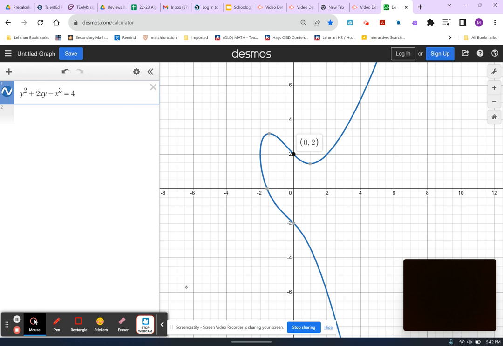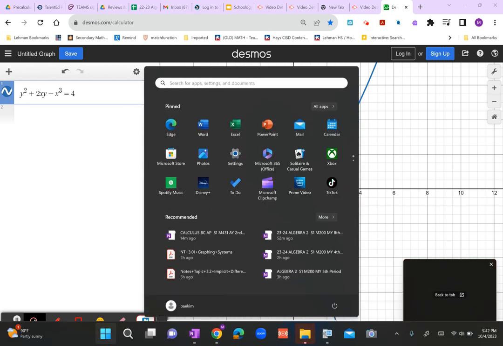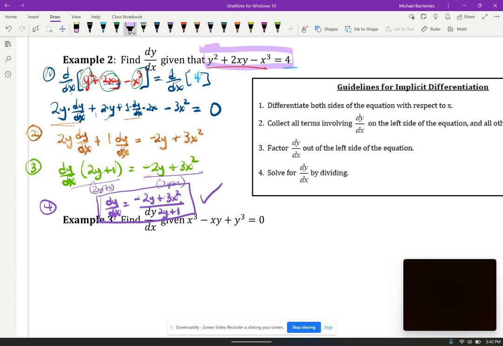But what I'm going to do is take my x of 0, my y of 2, and come back to my formula. I'm going to use that formula to say dy dx, the derivative of y with respect to x, at 0 comma 2, because I need my x and my y values, is negative 2 times my y value plus 3 times my x value, all divided by 2 times my y value plus 1.